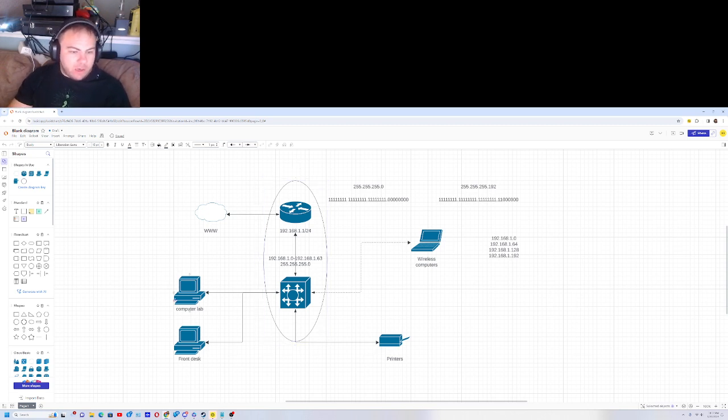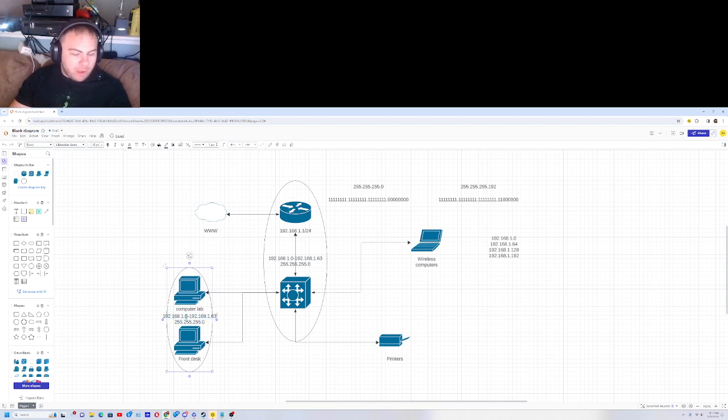Our next network here, we're going to put it on these two computers. So I'm going to just copy this shape and put it over here. All right, so we have our computer lab and our front desk. We're just going to call these our wired devices. Honestly, if I'm in a bigger professional environment, I'm going to put these on two separate networks. In this case, we're only putting them on one.